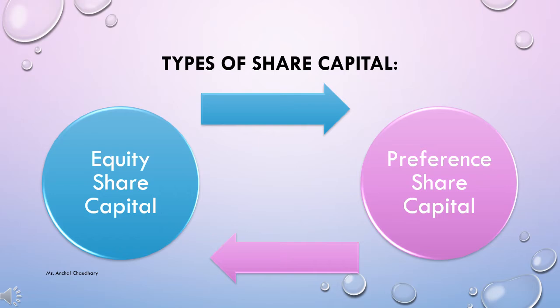So what happens is, student, whenever we are considering the preference shareholder, many shareholders don't prefer the business risk. They don't want to go for certain risk.